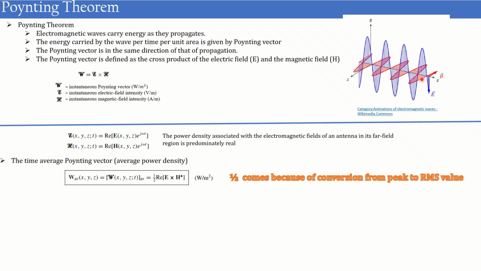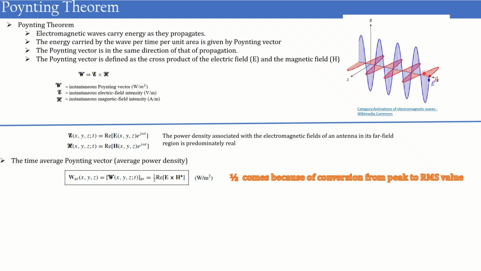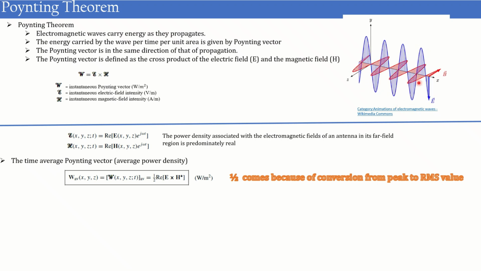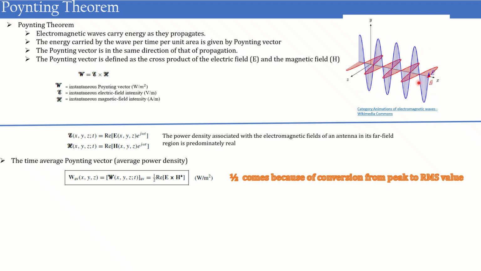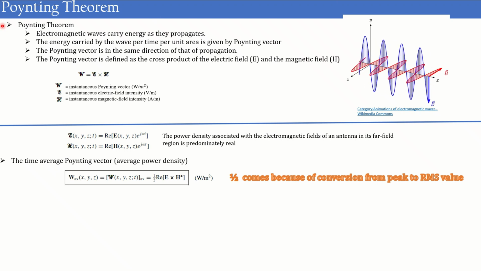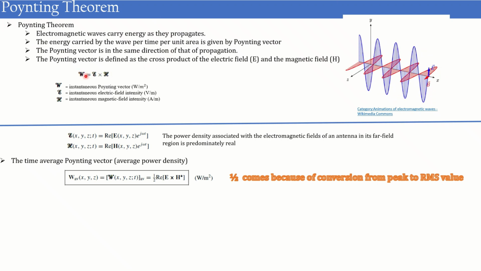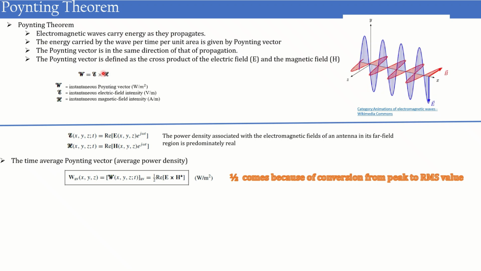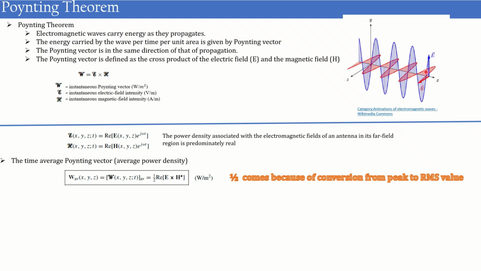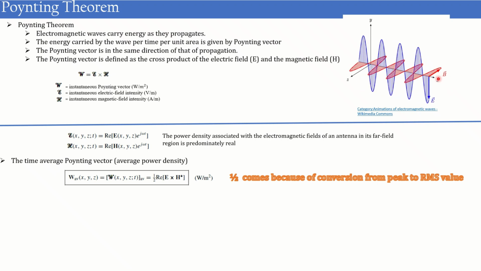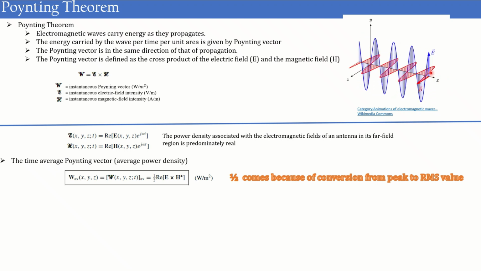So we have to consider at a particular time what is the value of electric field and magnetic field, and that cross product gives an indication about the power density. So as the power density is the cross product of electric and magnetic field, its direction is perpendicular to both electric and magnetic field direction. So that is, it is in the same direction as the direction of propagation.